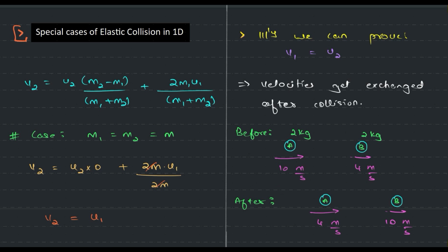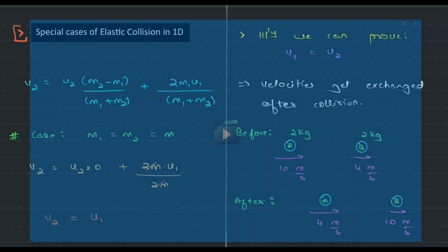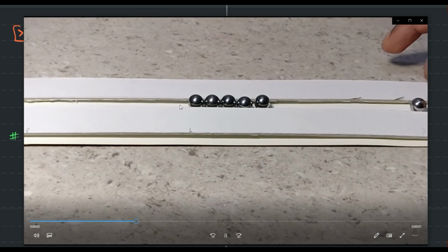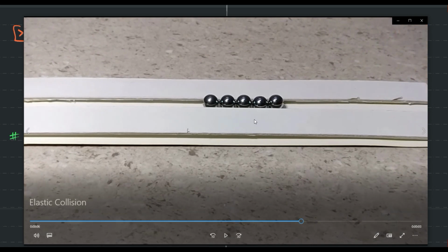Right, so let me put across a video. We have seen this video. This is the closest I have to elastic collision. So now the masses, clearly they are the same, same ball bearing and everything. So the first has some velocity, the other has 0. So whatever rate the first came in, the same rate the last went out.